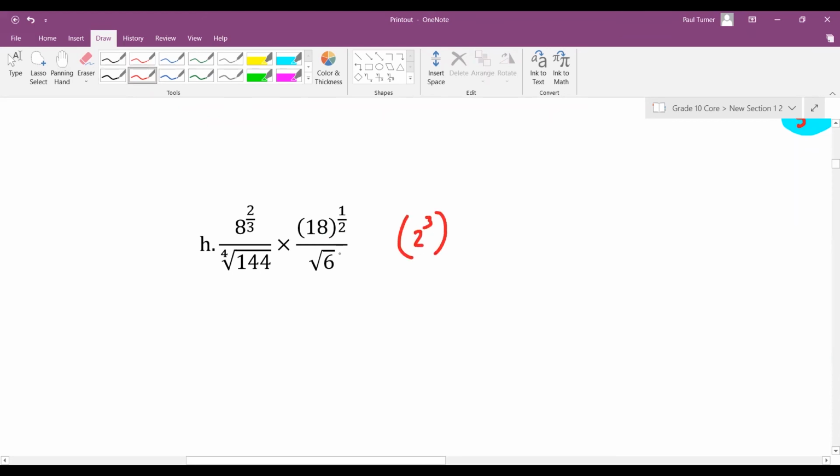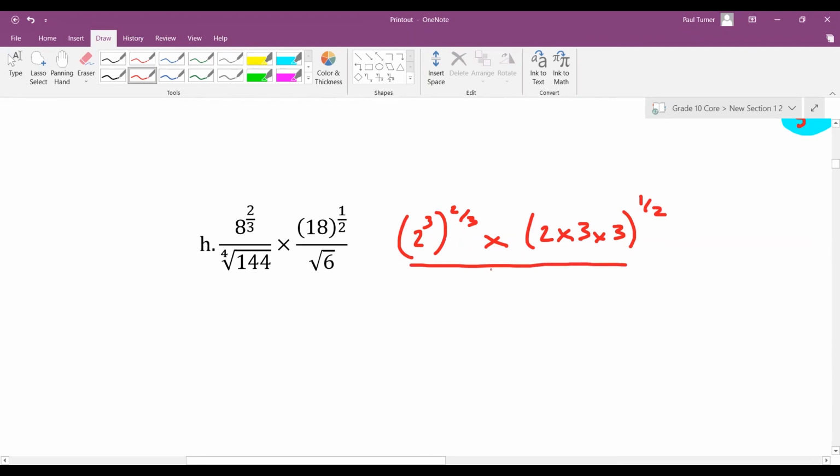Try to get these to the same base, and you can actually get to the same base for most of these. So 2 cubed is 8, that's 2/3. For the 18, what I could do is change that to 2 times 9, which is 3 times 3, couldn't I? And that's all power half. So do that first. I did that for a reason, so you'll see in a minute.